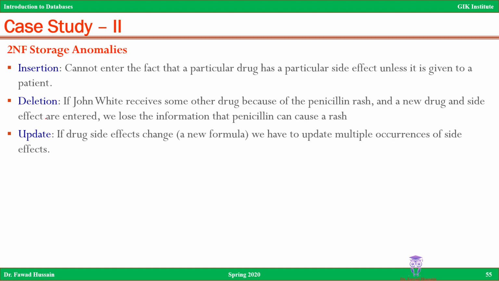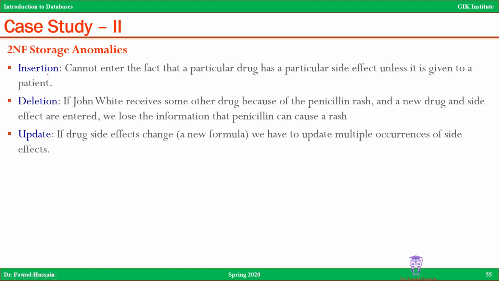However, there's a new type of problem here. So what's the problem? For an insertion, you cannot enter the fact that a particular drug has a particular side effect, because that entry can only happen when the drug is prescribed to someone who has undergone a surgery. So without that, I cannot say that this drug has this side effect.